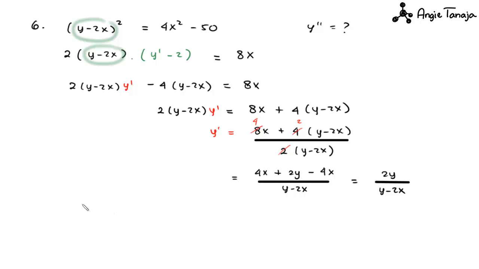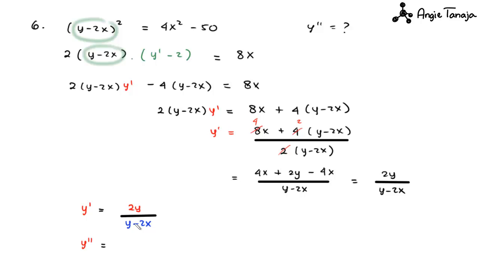Okay, up to this state we already know the y prime, right? Which is 2y over, sorry, which is 2y over y minus 2x. So it's u over v. Yes, so the y double prime will be the derivative of this, u over v.